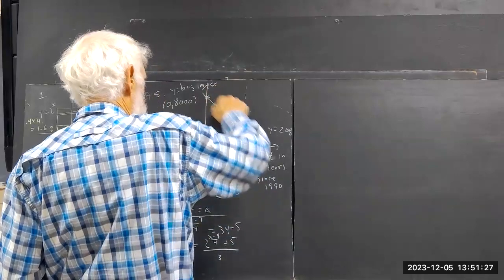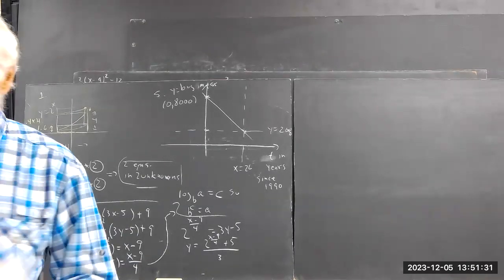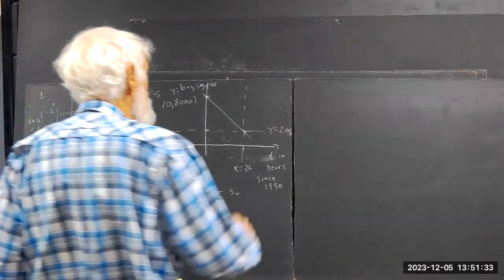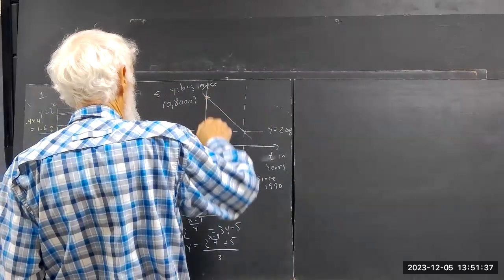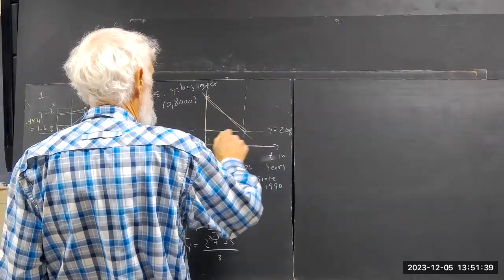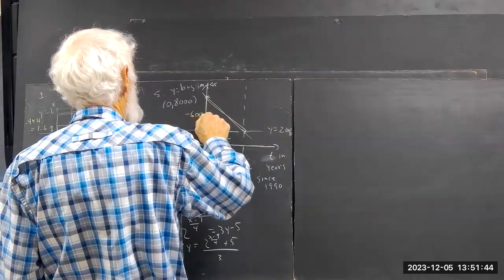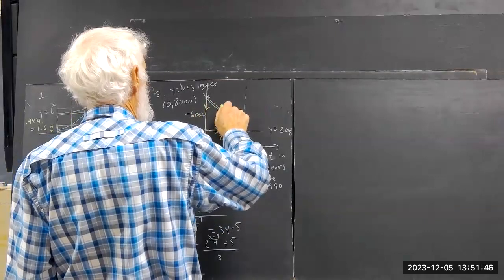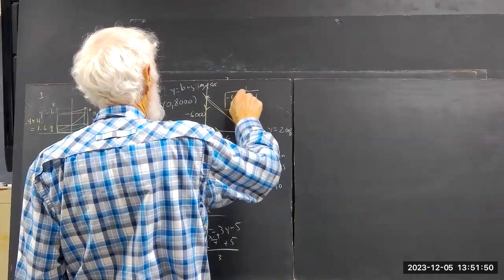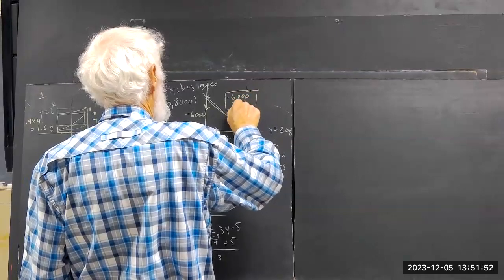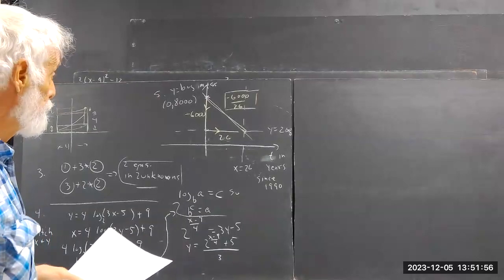So I've got 2 points, now I find the linear function. To do the fundamental triangle is easy with these points. I've got 26 here. I've got negative 6,000 here. The slope is then negative 6,000 over 26, which should be reduced.